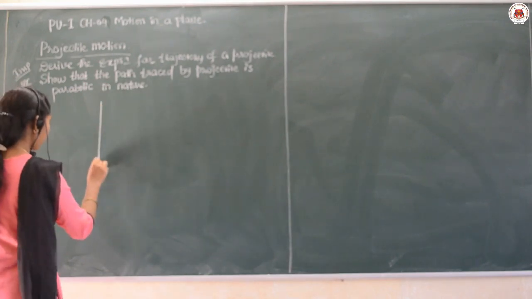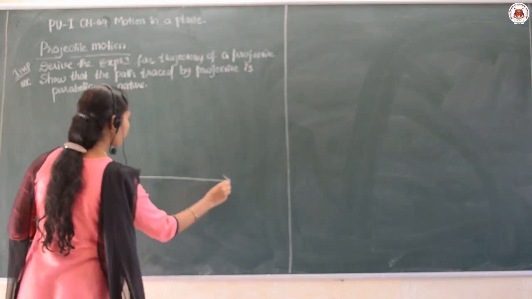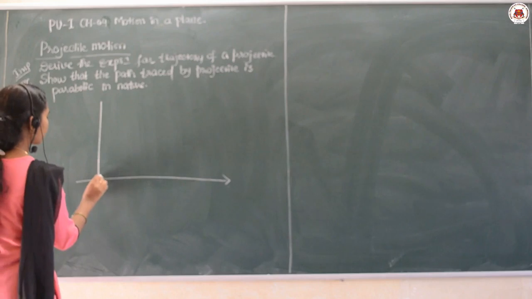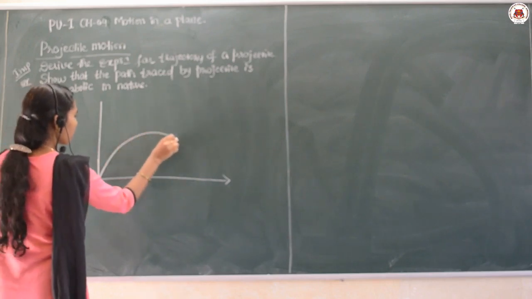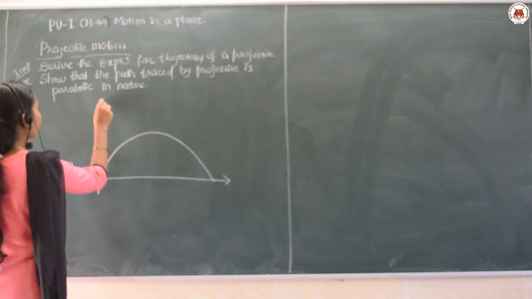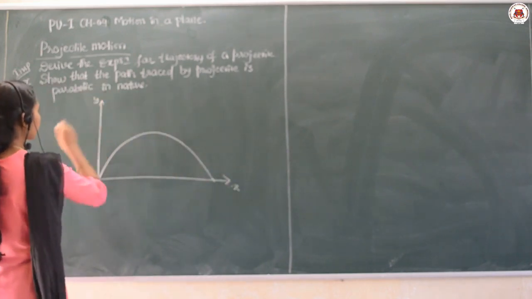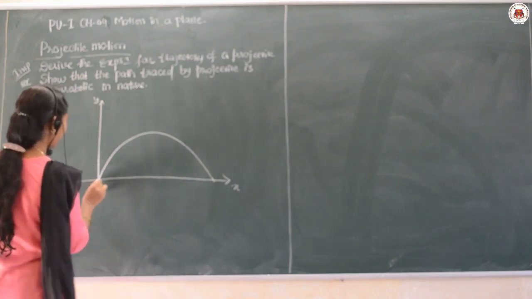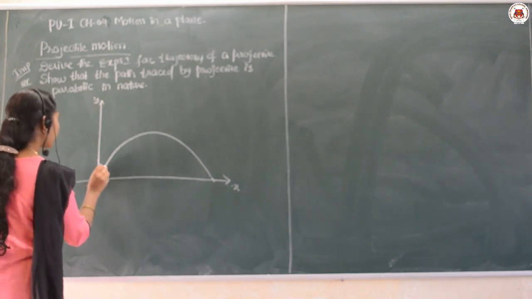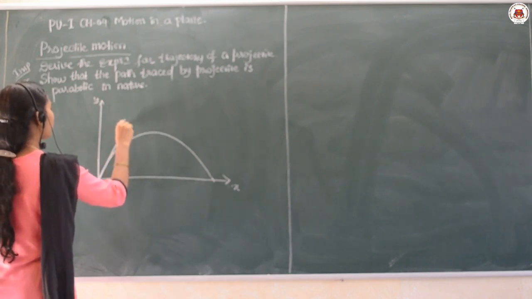Projectile motion, this is the path traced by the projectile, and let us take this as a motion in a plane, therefore we are considering 2 coordinates, and the object is projected with the initial velocity v naught.